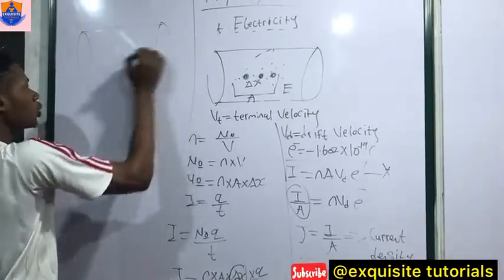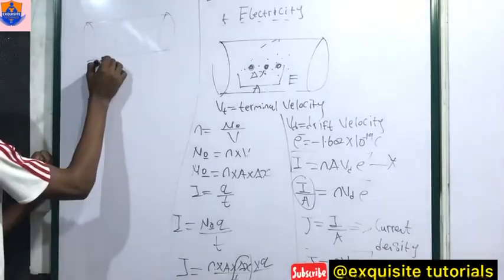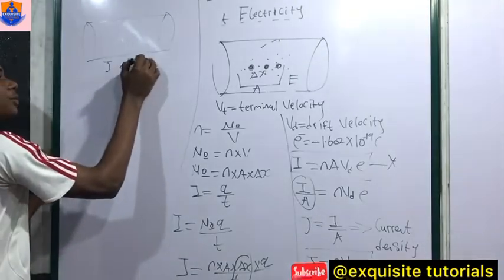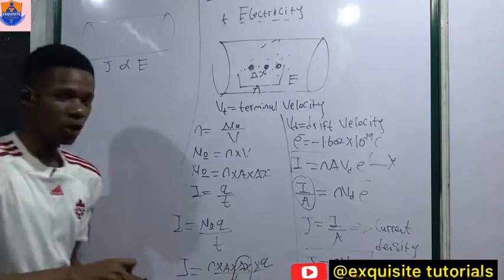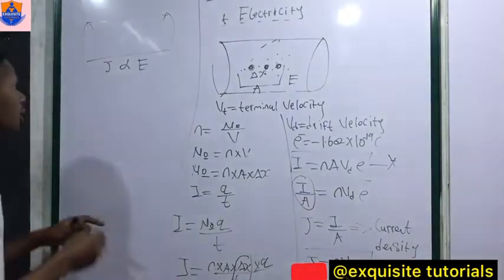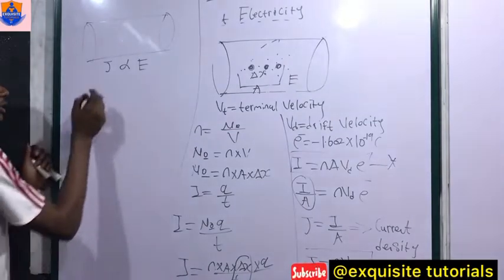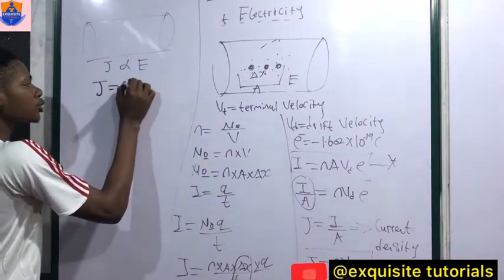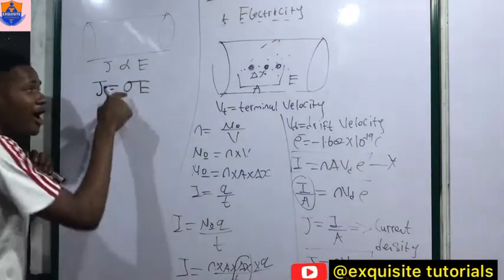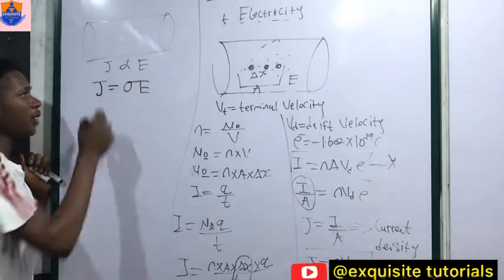Current density is measured in amperes per meter square in a particular conductor. This same conductor is what we are having. That J is directly proportional to the electric field intensity, where J is the current density. Now, bringing in a constant, if we bring in a constant, I will have J is equal to sigma E. In this case, I represented the constant as sigma. Okay?